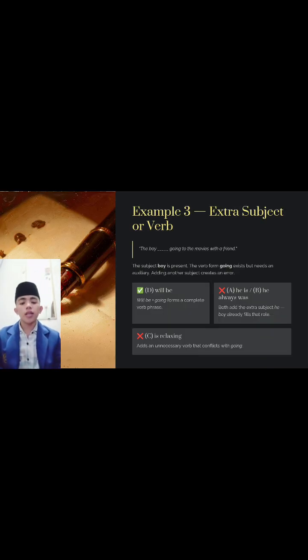For example number 3, extra subject or verb. The boy, blank, going to the movies with a friend. The subject boy is present. The verb going exists but needs an auxiliary. Adding another subject creates an error. So the right answer is D, will be. So the boy will be going, right?